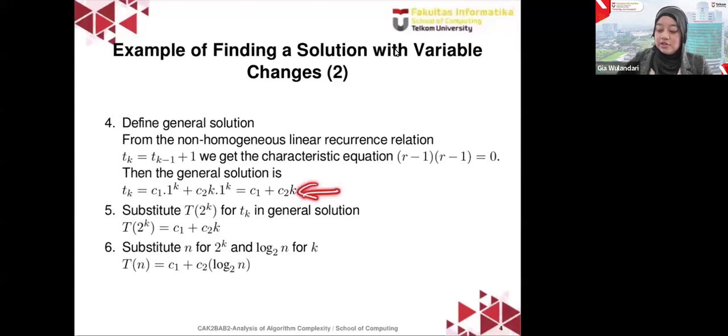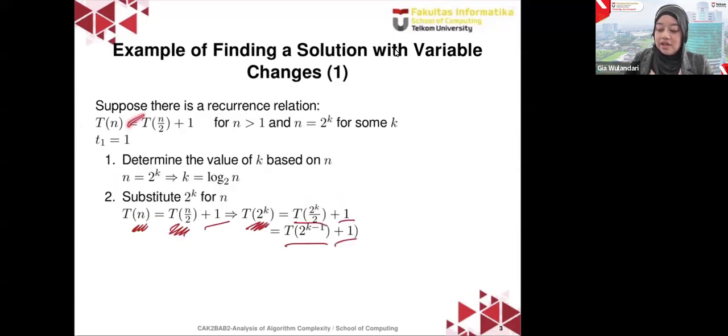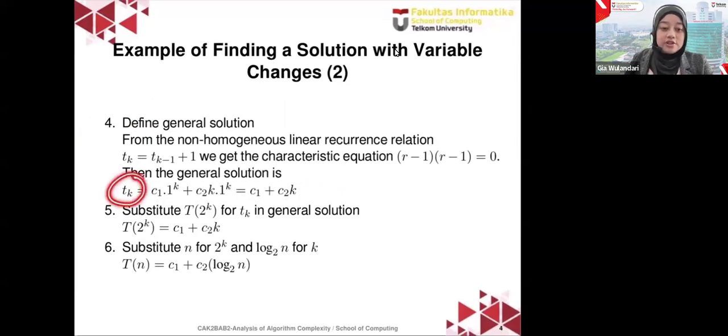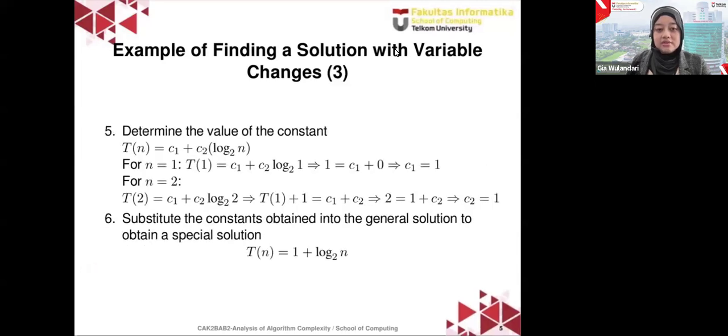So from here, to be noted, we cannot just substitute the base cases from the initial problem, because here what we have is Tk, not Tn. The base case we have is for Tn, but the solution we have here is for Tk, not Tn. So from here we need to substitute it back to n. After we get n, then we can determine the values of C1 and C2.